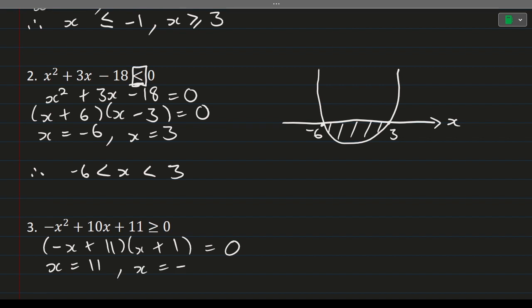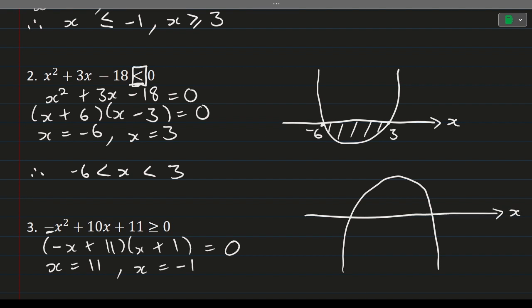Now notice how this is a negative quadratic, so it means our parabola, our curve, will be upside down. And then on our x-axis, the first root will be negative 1 and the second root is 11.